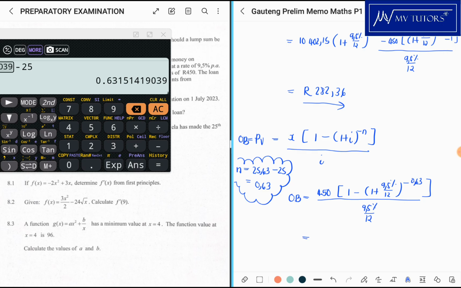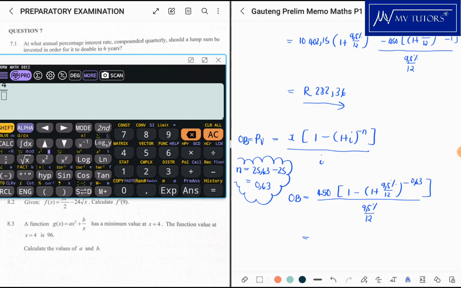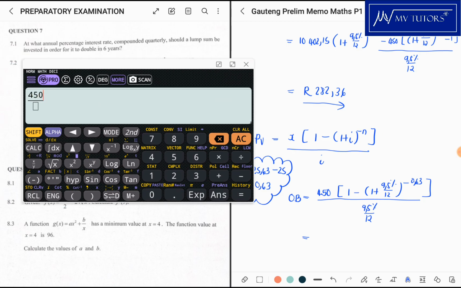Okay, so let's work this out. We have 450 multiplied by 1 minus 1 plus 9.5% all over 12 to the power negative, my answer.